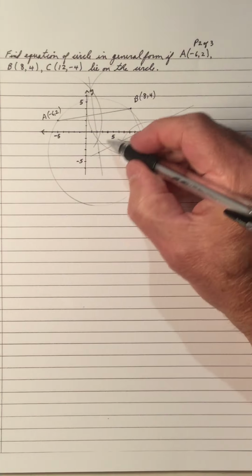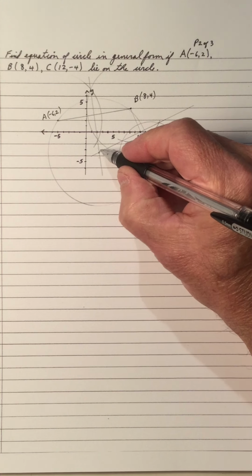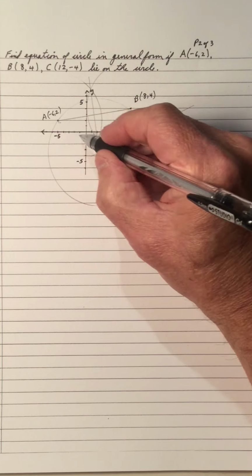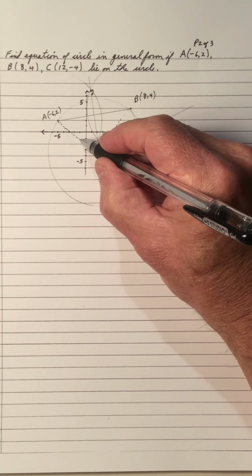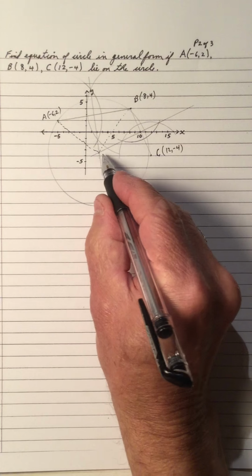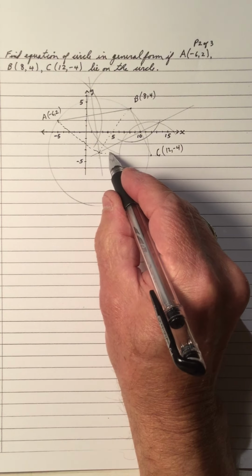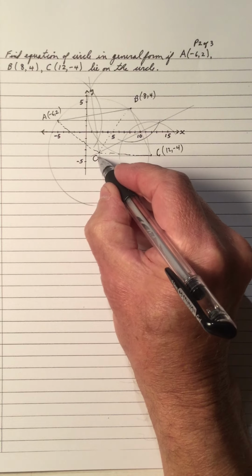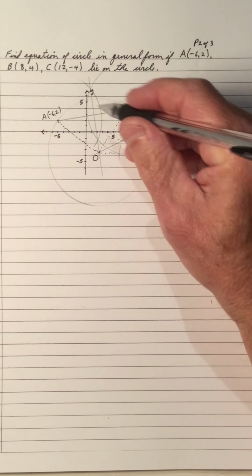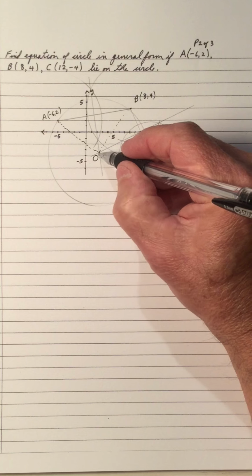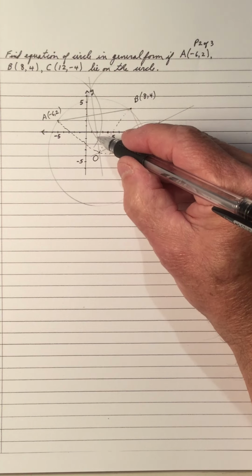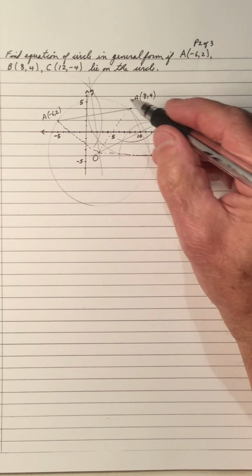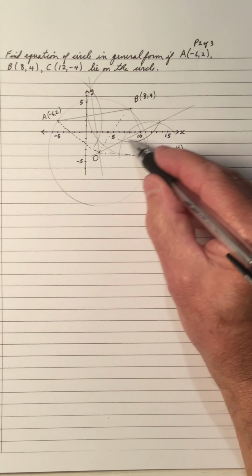And also note that if I join that and this one right here and this one, if I call O the center of the circle, notice that any point on the perpendicular bisector, any point along here, will be the same distance from A and B. And so the same here.